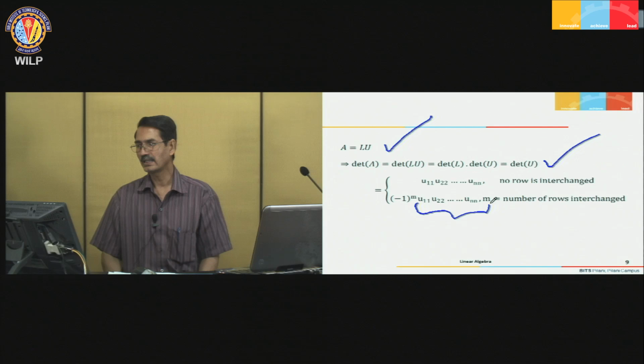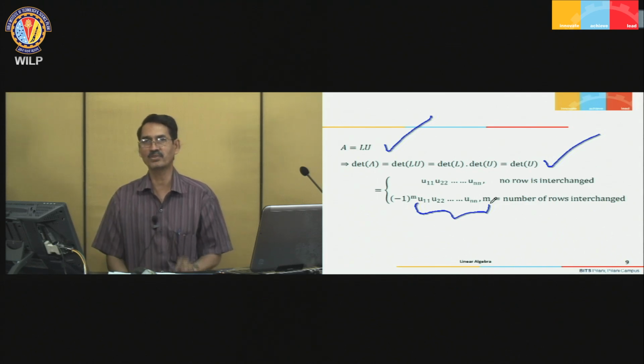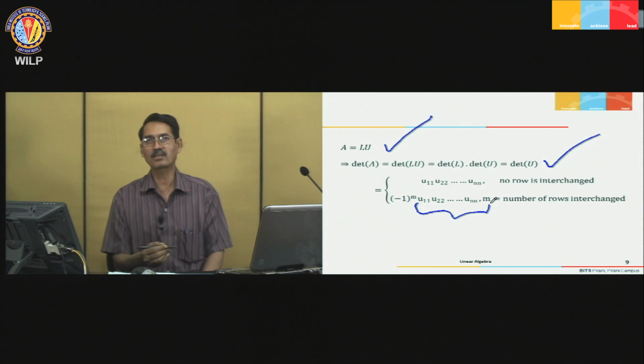So if no row has been interchanged, then determinant of A will be U11 into U22 into U33 and so on up to UNN, and if m times rows are interchanged, then determinant of A will be minus 1 to the power m into the product of the diagonal elements of the matrix U. In this fashion, we can find the determinant of any matrix A.